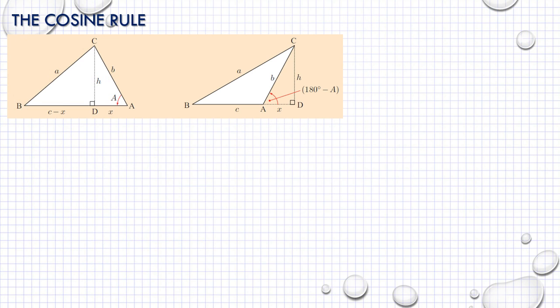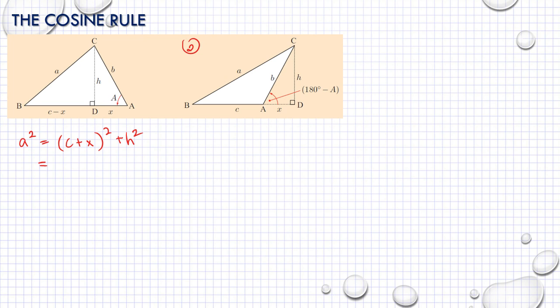We're going to give another proof using this triangle. So still we start with A squared is equal to (C plus X) squared plus H squared, which you can see there.